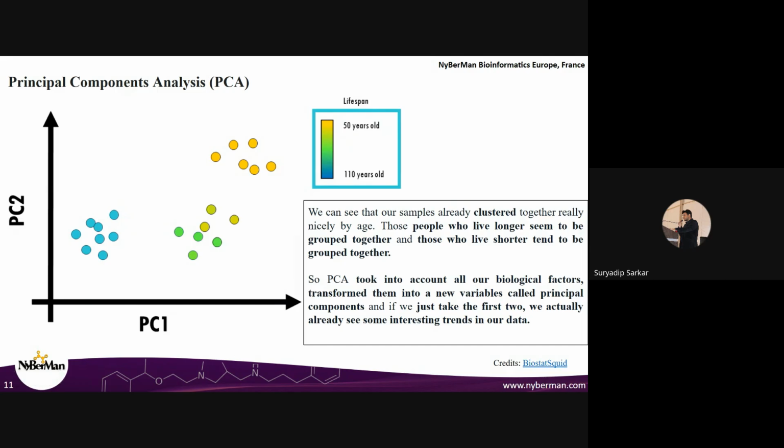So we can very clearly see that people who live longer seem to be grouped together, and those who live for a much shorter time are also grouped together. So we started out with 200 features, right? Principal component analysis created two such features which are able to take into account all those 200 biological factors and convert them into new variables called principal components.